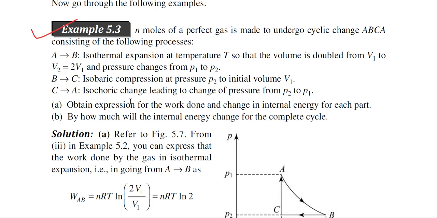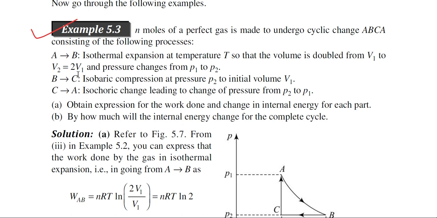For example, in process A to B, when the system goes from state A to state B, it is an isothermal expansion at temperature T, and the volume is doubled from V1 to V2, where V2 = 2V1.